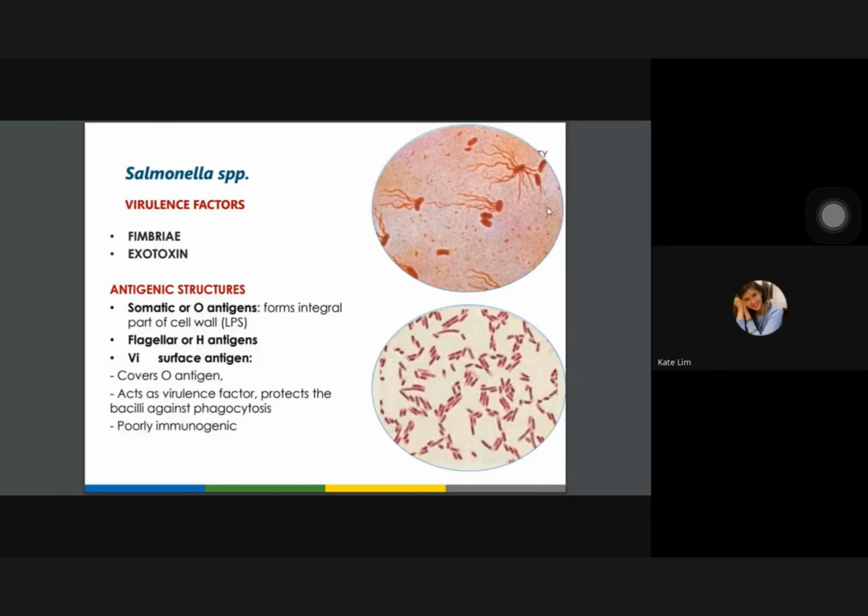It usually attaches to your intestinal lining, and that could improve the manifestation of diarrheal symptoms. So that is the purpose of your fimbriae. Through these fimbriae, it can establish the infection more effectively.